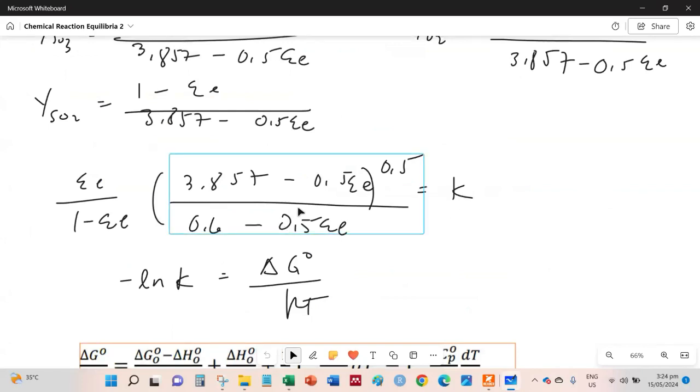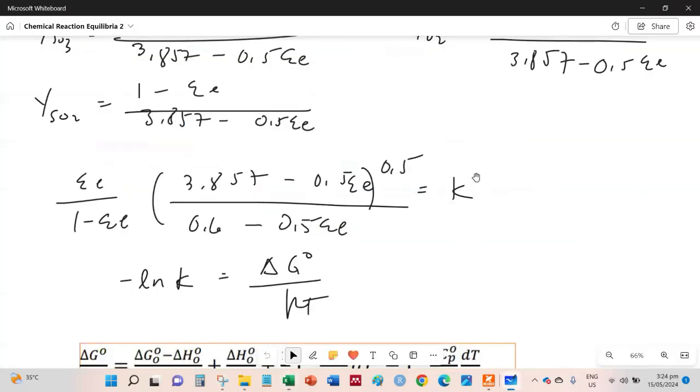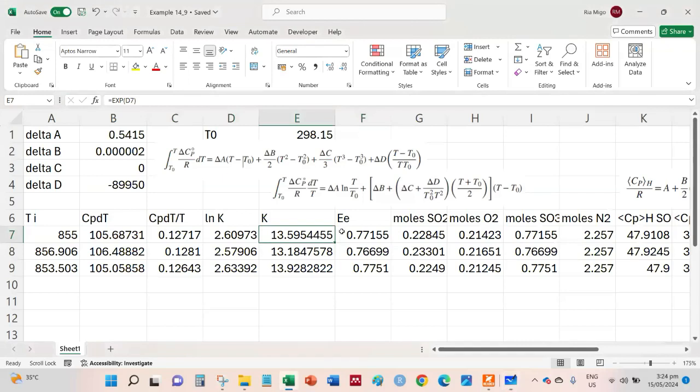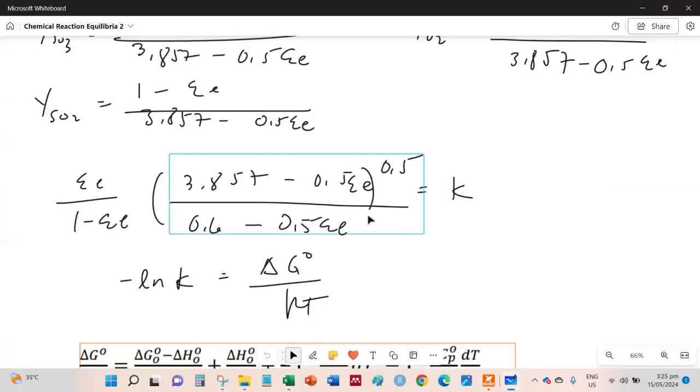So whatever K that you will be getting from here, you have to input that back to this equation and then solve for epsilon sub e. So I hope that you get that. Again, this cannot be solved by Excel. This is done manually. So you get the K, input it here, and then solve for epsilon sub e.